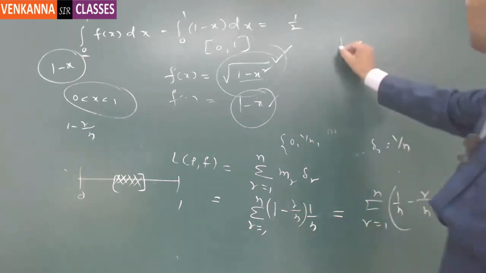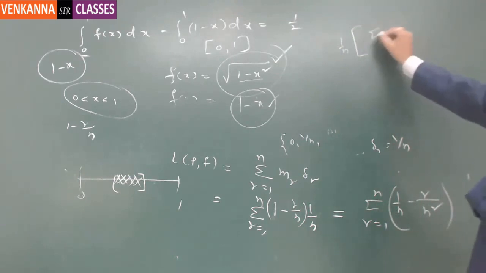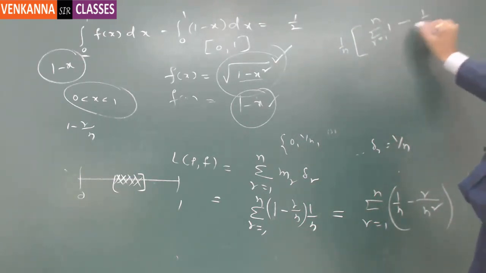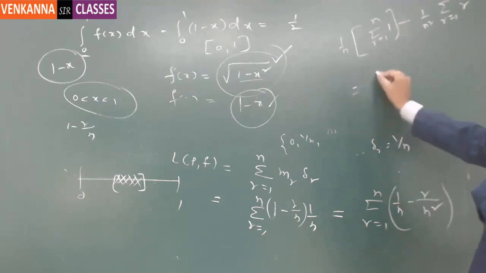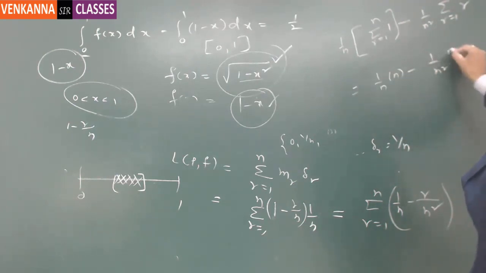If you separate the values, you are going to get 1/n into summation r equals 1 to n of 1, minus 1/n square into summation r equals 1 to n of r. This will be 1/n into n, minus 1/n square into the sum of the first n natural numbers, n into (n plus 1)/2.